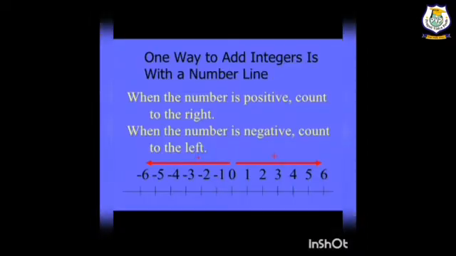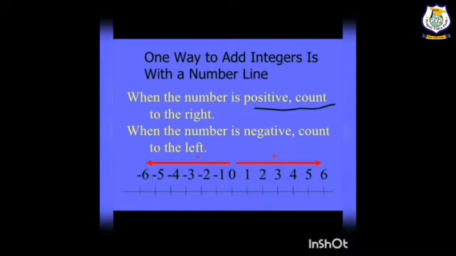For knowing more about the addition of integers, we will use the number line. With the help of the number line, you are able to understand more about addition of integers. Here are 2 points which we use when we are doing addition of integers on the number line. The first point, when the number is positive, count to the right.